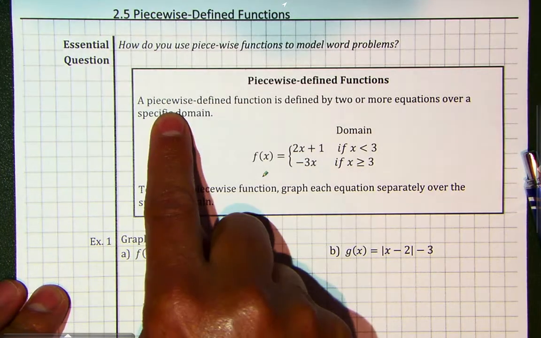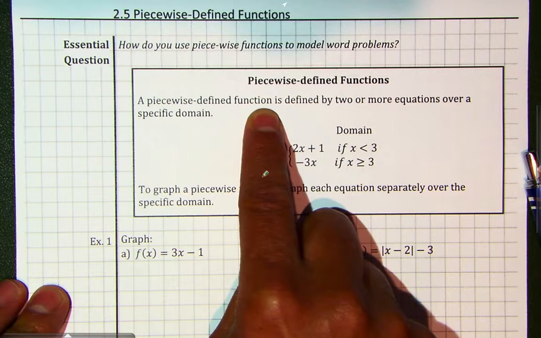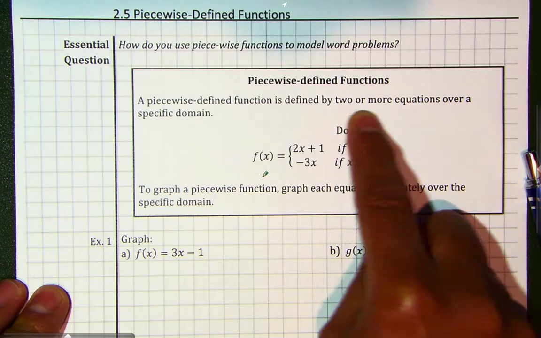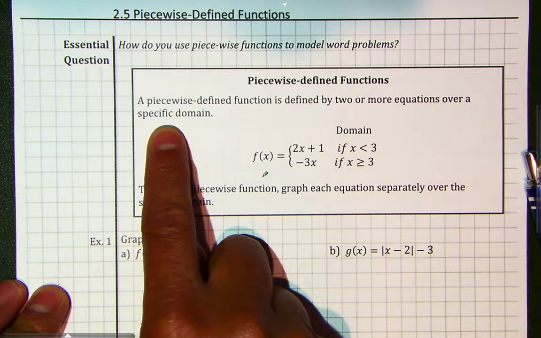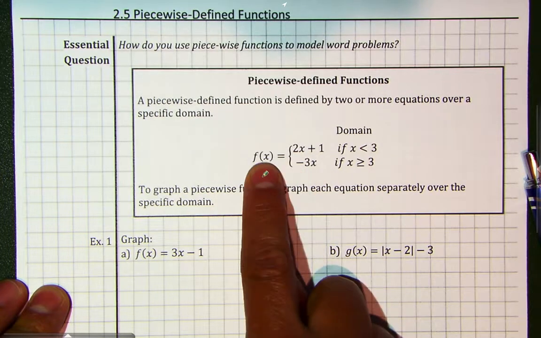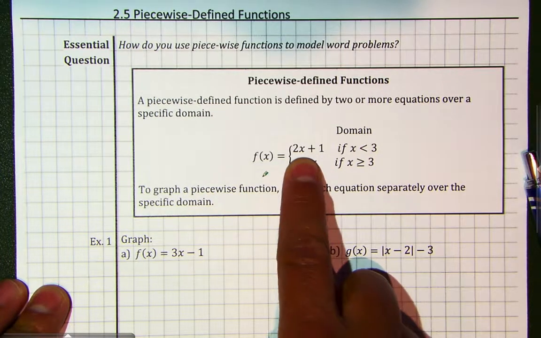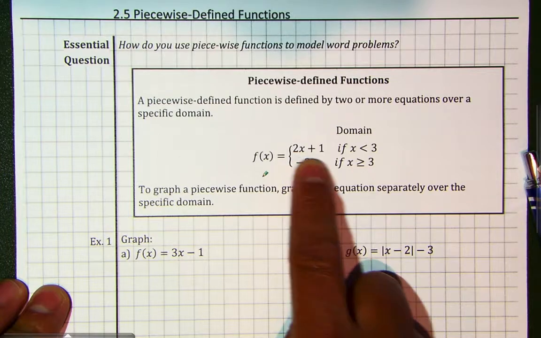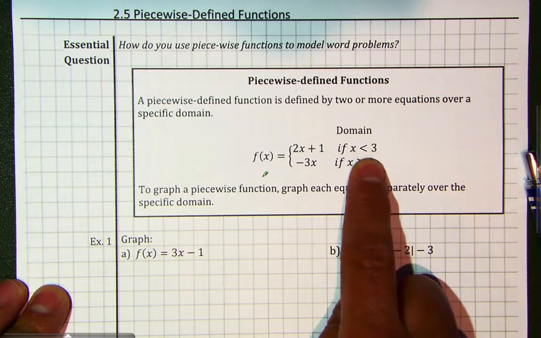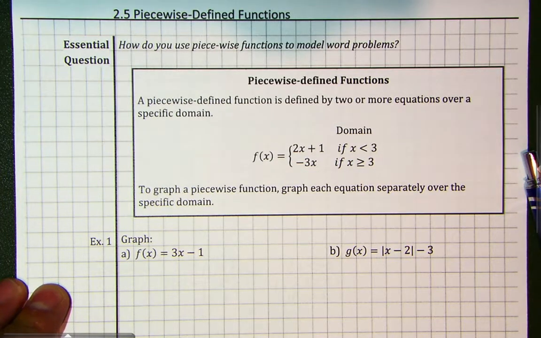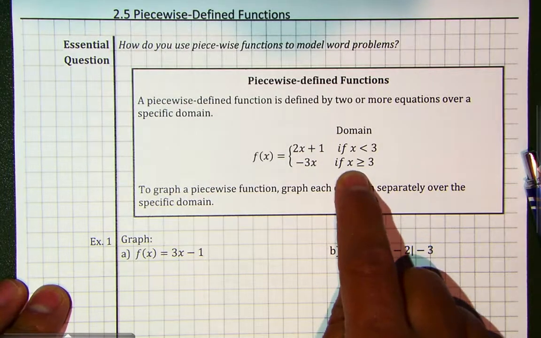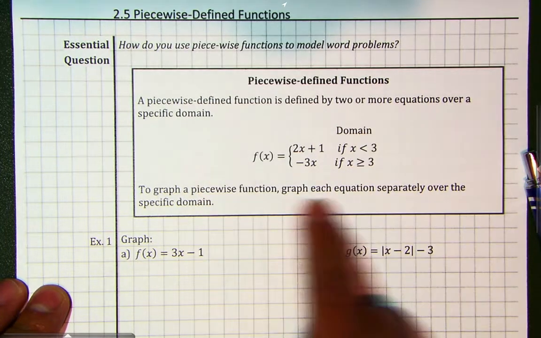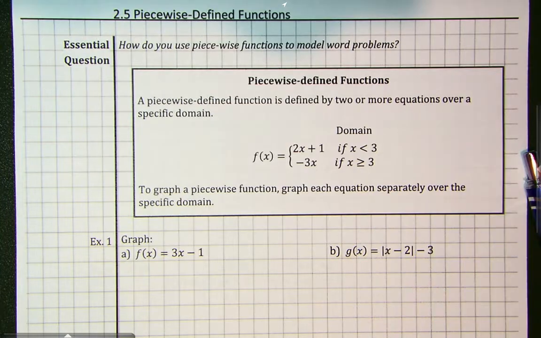So a piecewise defined function is defined by two or more equations over a specific domain, where we have f of x is 2x plus 1 when x is less than 3, and negative 3x when x is greater or equal to 3. And you guys covered this past year in Algebra 2.